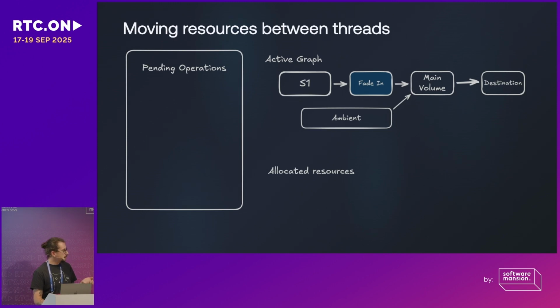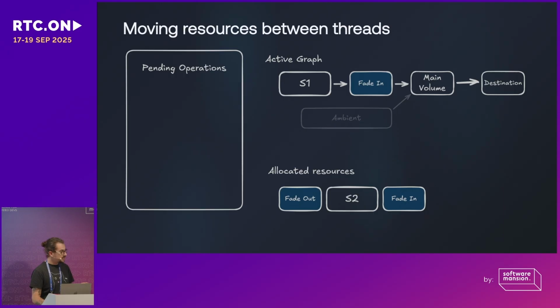So here we have an already active, playing graph, and there are two source nodes. One is connected through some effect node, and both go to the main volume control and finally to the destination. Then the user allocates some new resources, which, from the audio thread's perspective, doesn't mean anything at this point because we don't have any connections or stored calls.